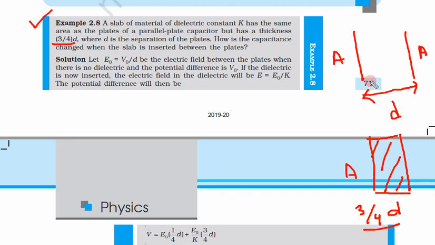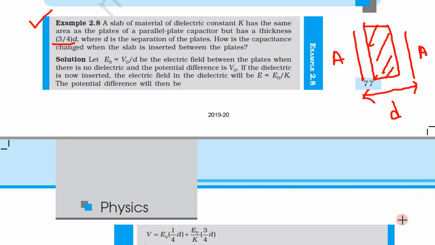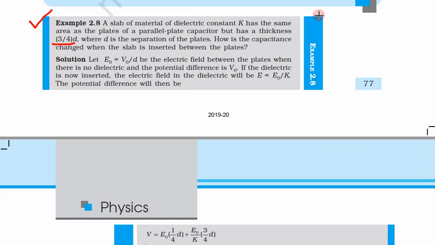That means if we insert this material here, it will not fully cover the whole gap. So there is a gap. So what will happen in this case? Previously we have seen what will happen when this dielectric is completely filled in between. But if we partially fill the dielectric, then what will happen?